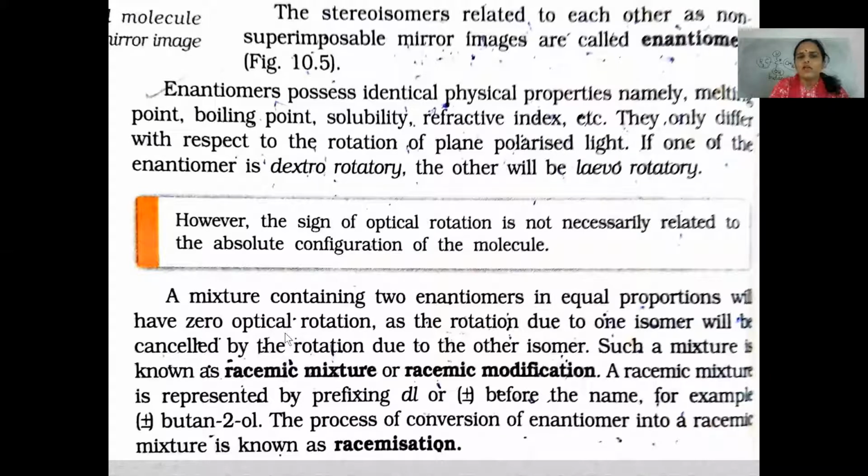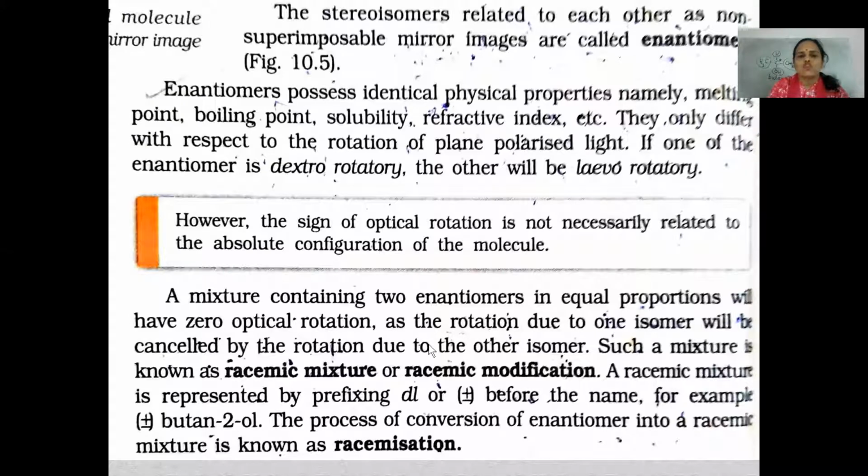Next you see a mixture containing 2 enantiomers in equal proportions will have 0 optical rotation. Why? Because the rotation due to one isomer will be cancelled by the rotation due to the other isomer, and such a mixture is called a racemic mixture or racemic modification.